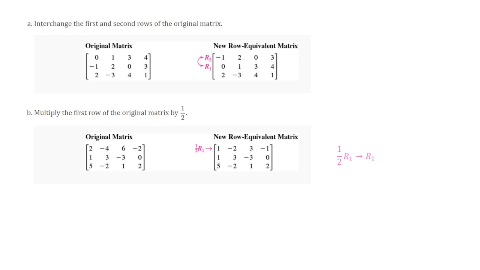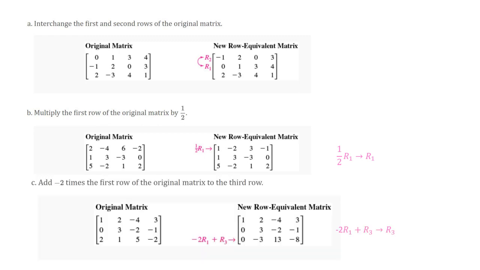Okay. And now let's do the last one, the C. The C says that we can add 2 rows together by multiplying a constant, so we can eliminate a number. So for instance here, in row 3, for my row 3 column 1 value, there's a 2, but I want that to be a 0.